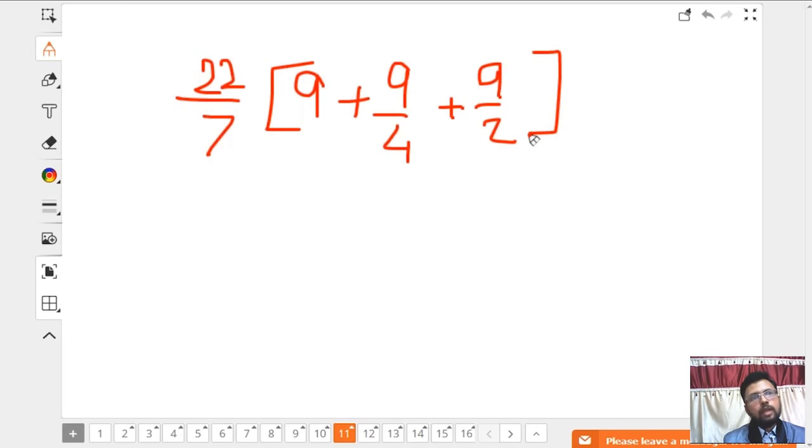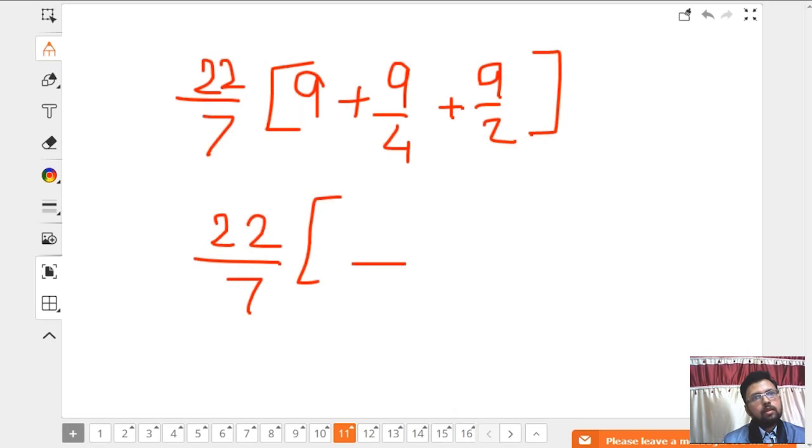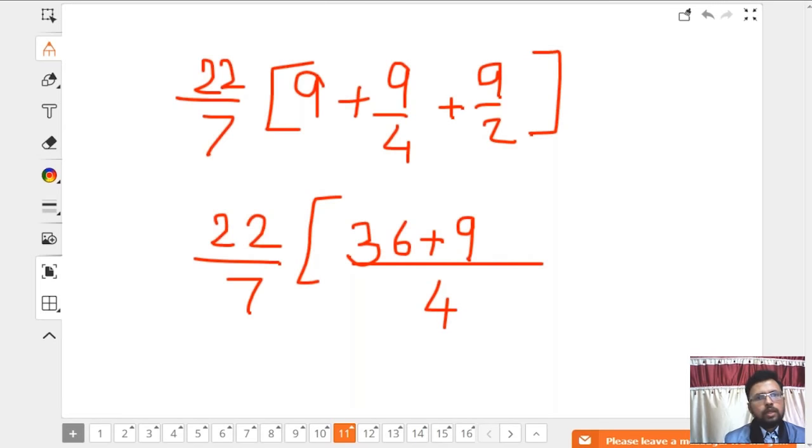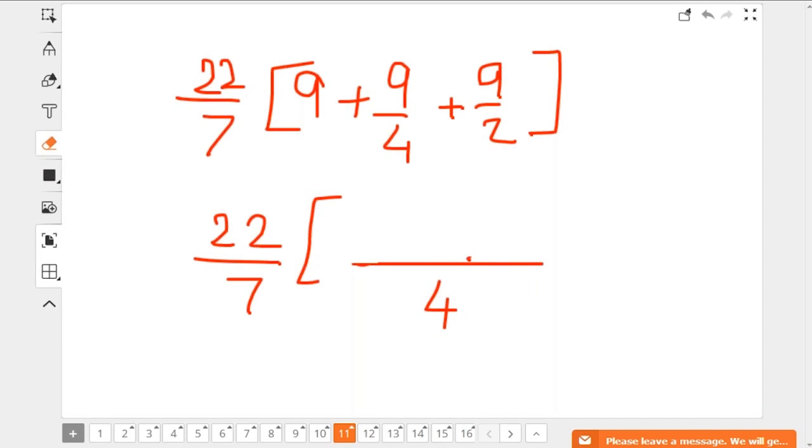So what do we get? 22 by 7 into, take the LCM, so this is 36 plus 9. If you want, you can take 9 common as well. Very good. Let's take 9 common.